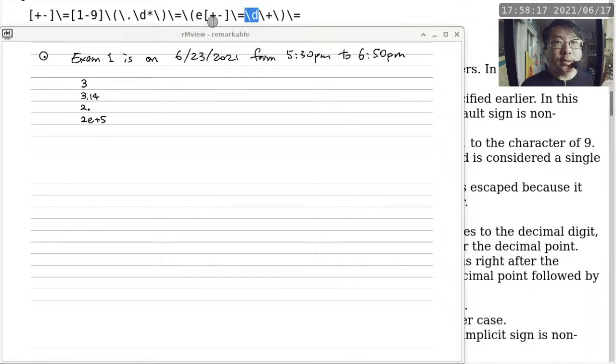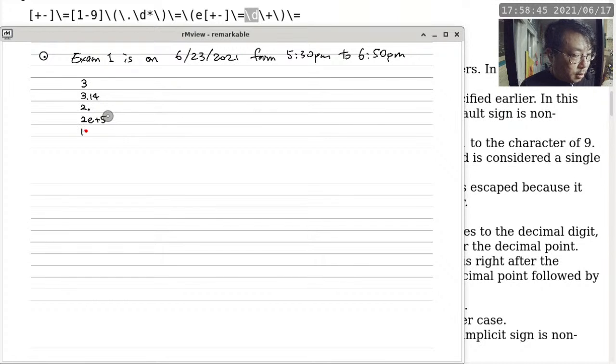And the plus is optional, but that means we can have the plus, and then we must have at least one digit after the e, possibly having the plus or minus in between. So the 5 is matching the requirement that we must have at least one digit, and so this is perfectly okay. So let's take a look at what is not okay.